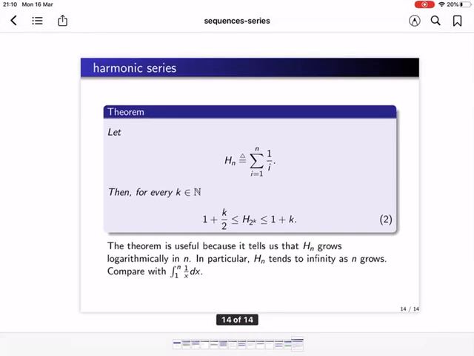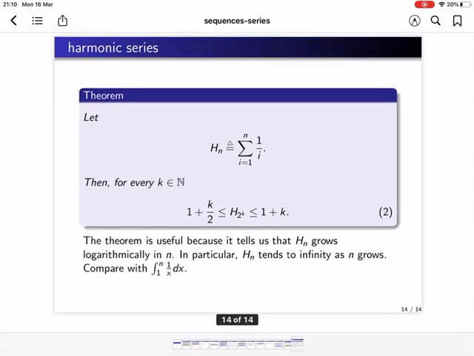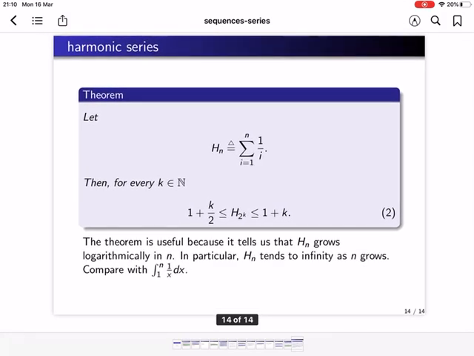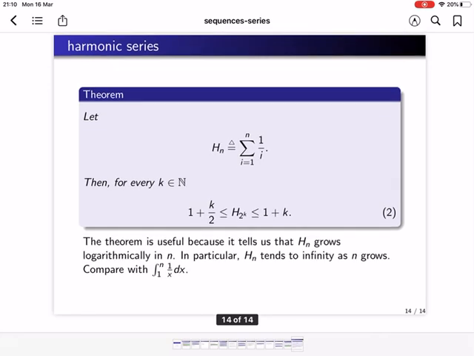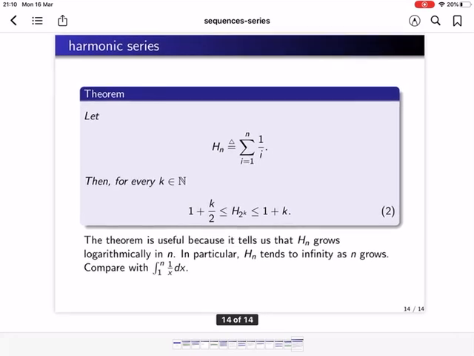Let's look at the harmonic series. The harmonic series is the summation of the elements from the harmonic sequence. Namely, it is 1 plus 1/2 plus 1 over 3 plus 1 over 4 up to 1 over n.